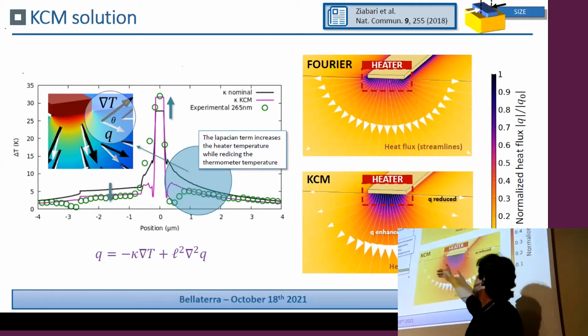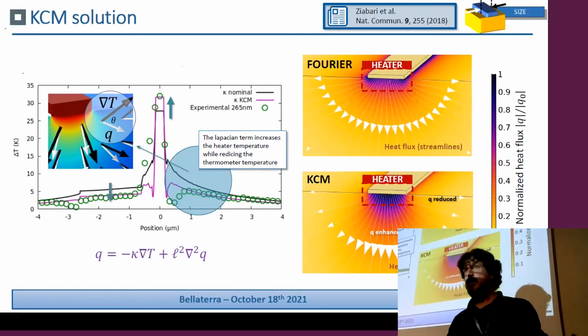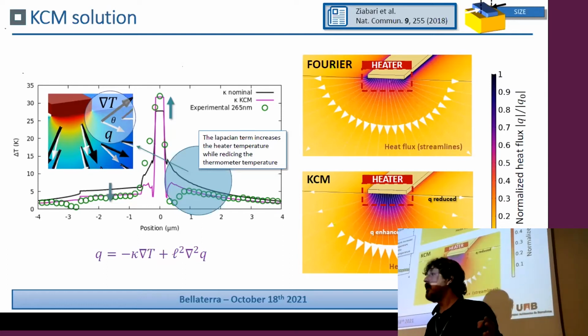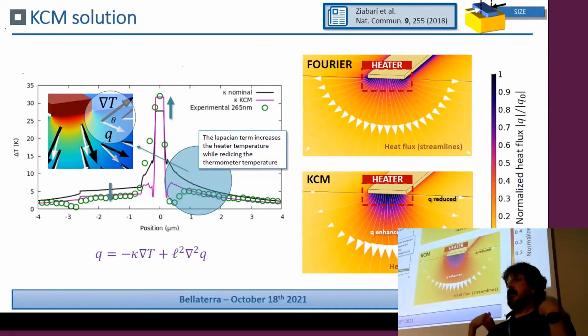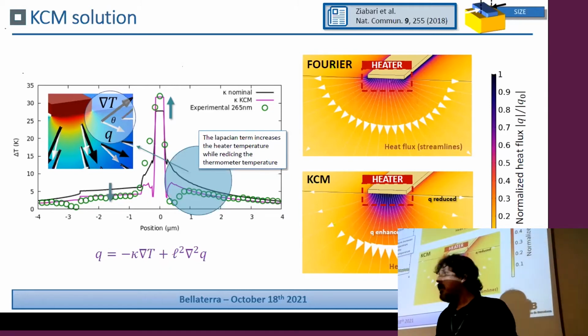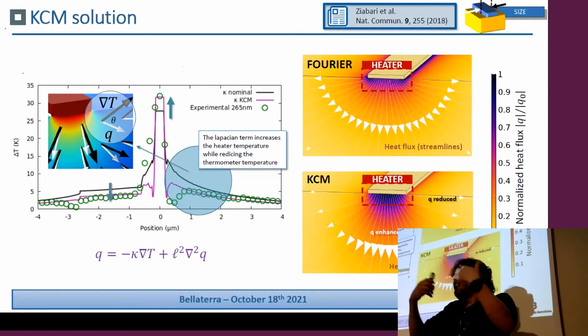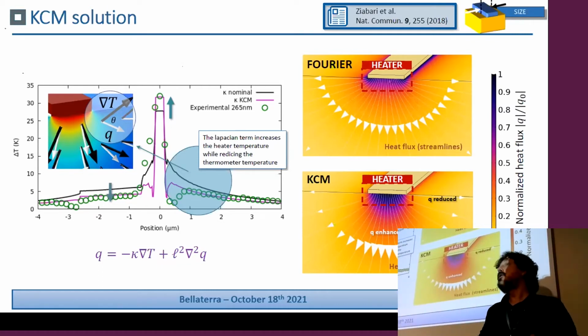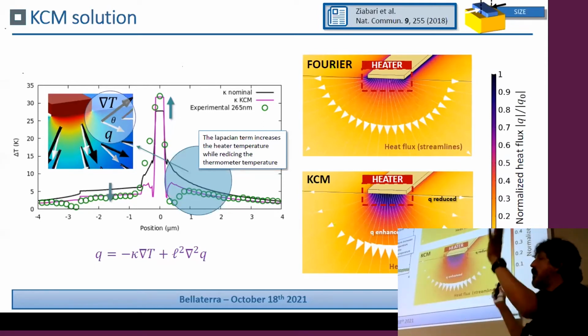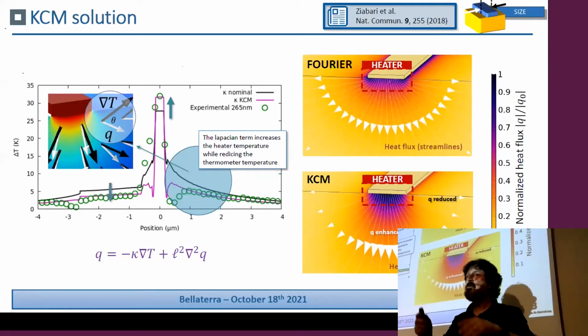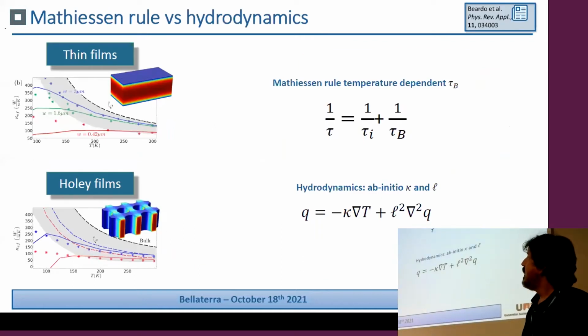And because of this, the heat cannot turn at the rate that Fourier's law forces it to. So the heat flux, due to the lack of scattering, cannot fold itself to follow the temperature gradient. That's the whole stuff. That's more or less the conclusion of this.